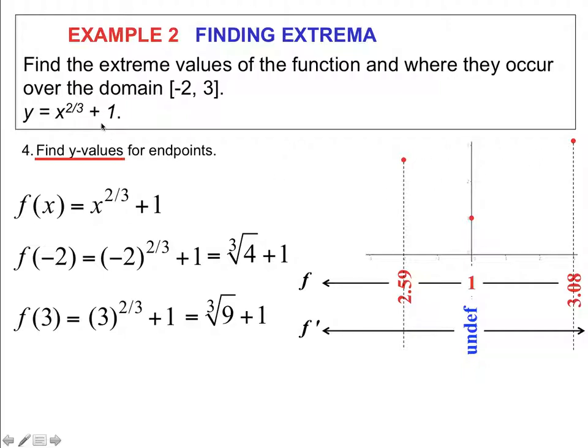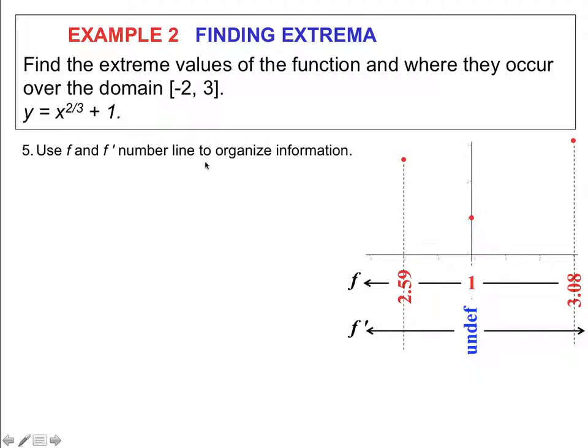So we know that this function now, we're just going to start organizing our information here. The extreme values, if we're just scanning the number line: the biggest of the big is over here at the right endpoint. The littlest is right here when x is equal to 0.